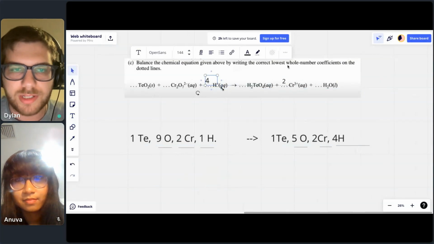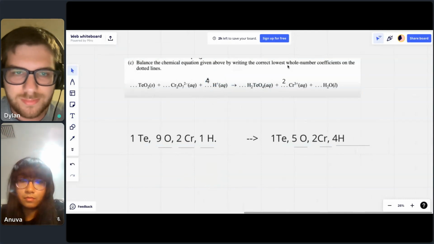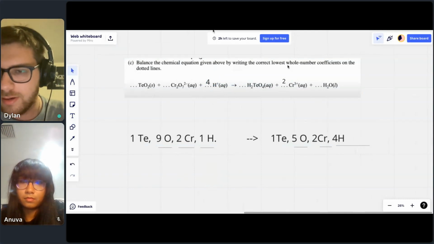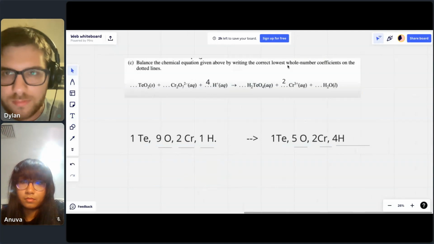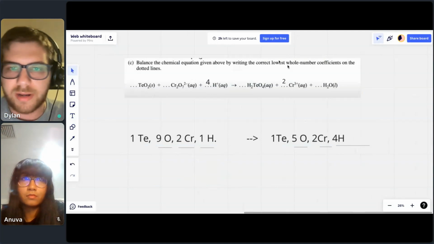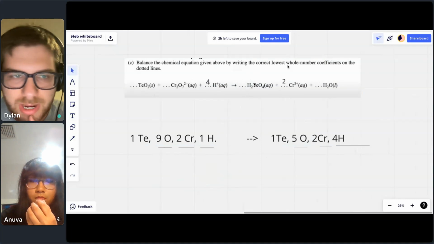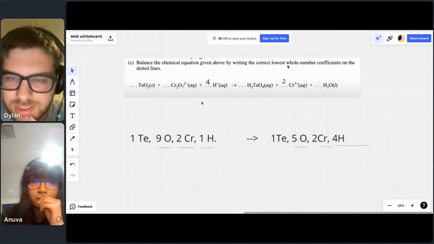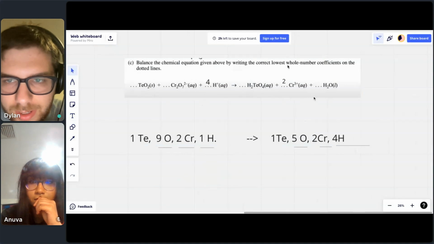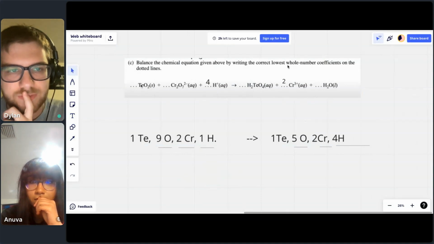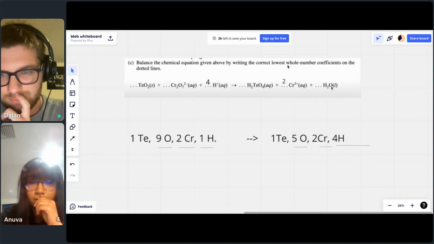We might have to change it, but let's just try it out. Put a 4 there, and we'll worry about charge in a minute. So now we've got 4 hydrogens and 4 hydrogens. Again, we might have to change that as we balance the oxygens. The oxygens are the tricky part here, right? We have 9 on this side, 5 on the other.